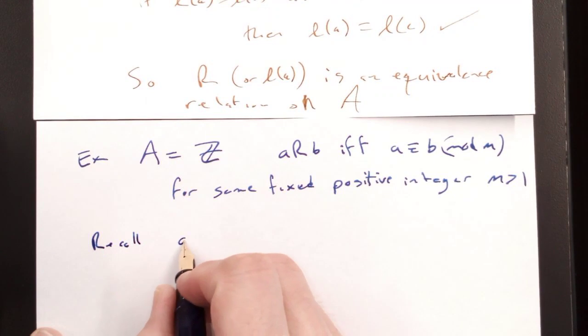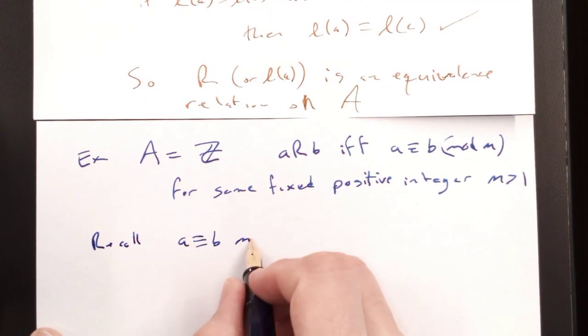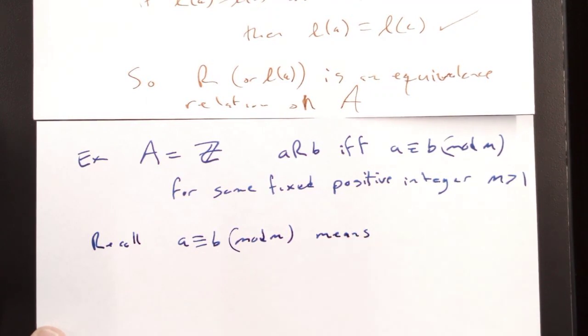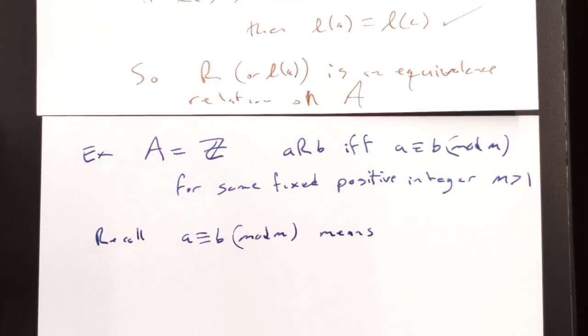Recall A is congruent to B mod M means what? What does it mean to be congruent mod M? A mod M. Yes, but that's not anything other than restating what that word is up there. Can you state it without using the word mod in it?